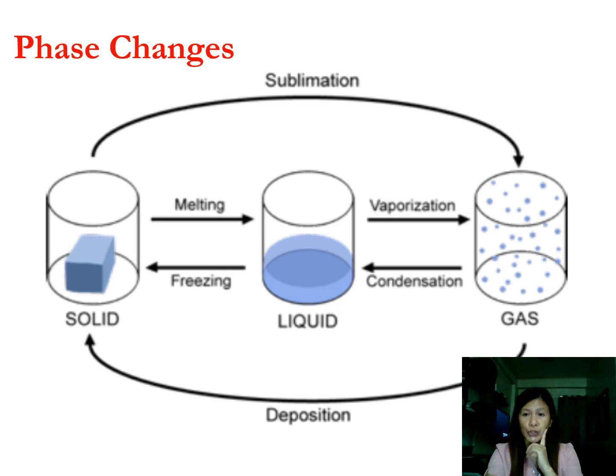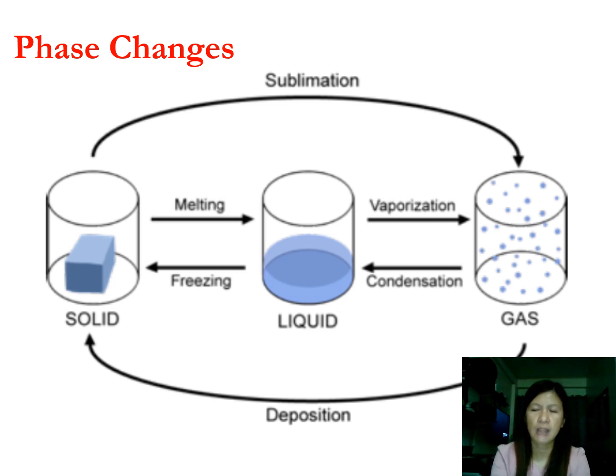When does water or liquid turn to another phase, or generally when does a sample of matter transform from one phase to another? So we have what we call the phase changes.